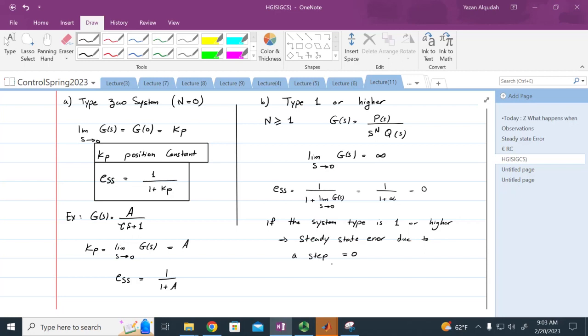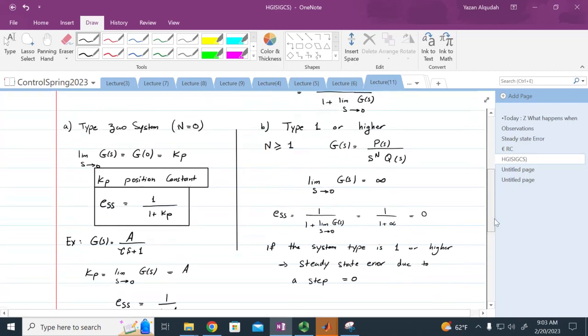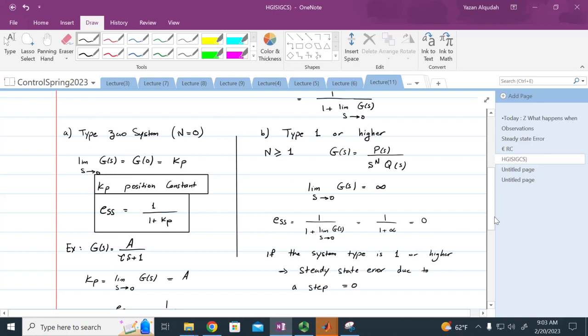Together? Okay. So therefore, if I have a step input and I'm trying to calculate the steady state error, if it is system type 0, then the steady state error is going to equal 1 over 1 plus Kp. If the system is type 1 or higher, the steady state error is equal to 0.